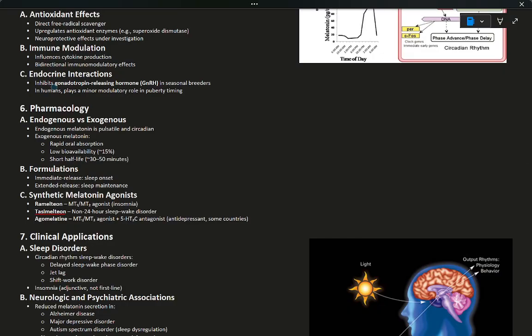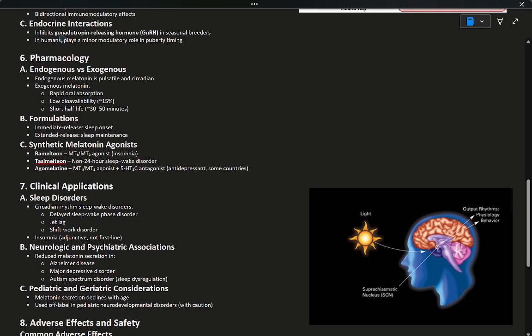Interestingly, melatonin is known to inhibit gonadotropin-releasing hormone in seasonal breeders, with the GnRH being located in your hypothalamus. And then in humans, it plays a minor modulatory role in puberty timing. So this is one potential side effect to be aware of.